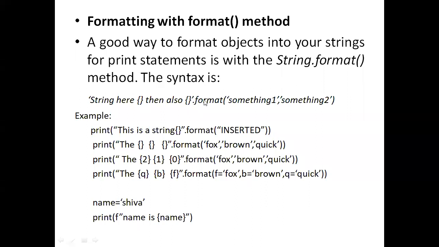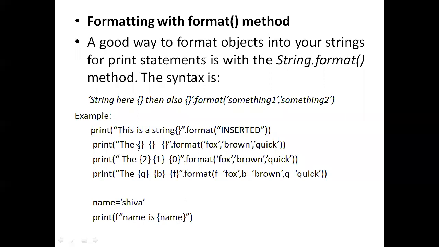So some string dot format of something 1 comma something 2. So something 1 will appear in the first curly braces and something 2 will appear in the second curly braces. So this is about the format method. And you may have more than one curly braces also, and you can replace the values.